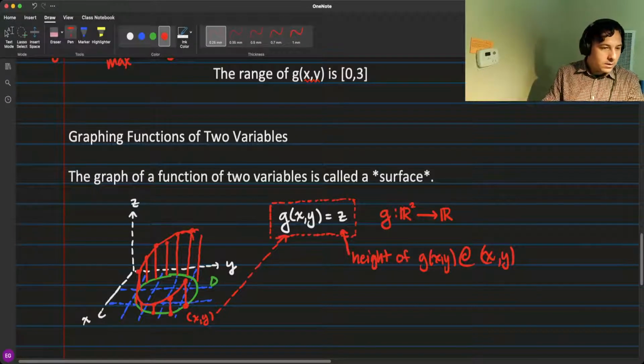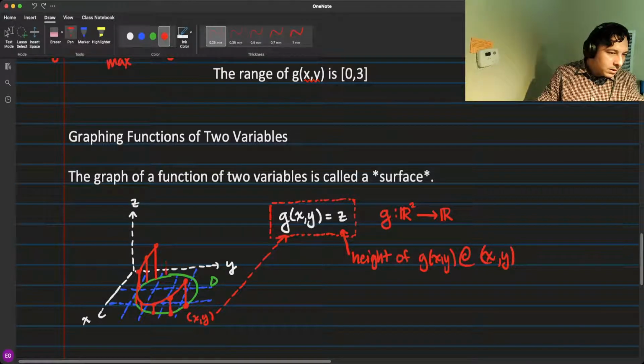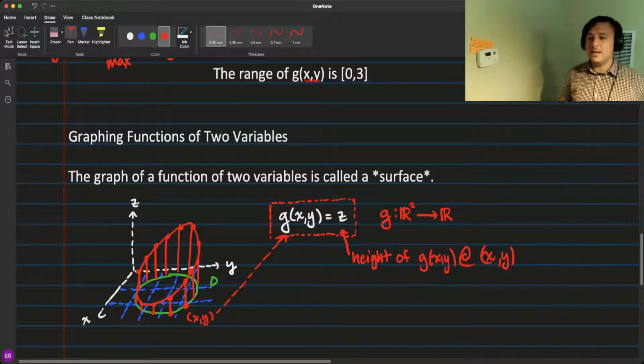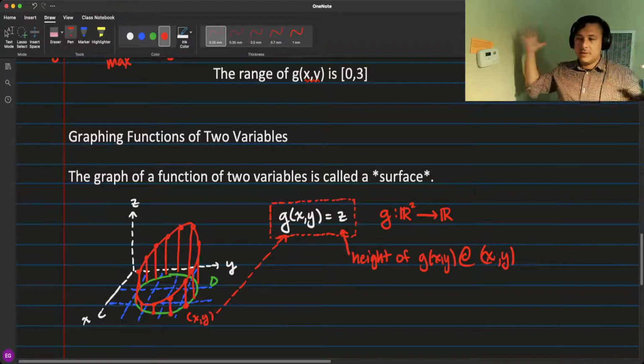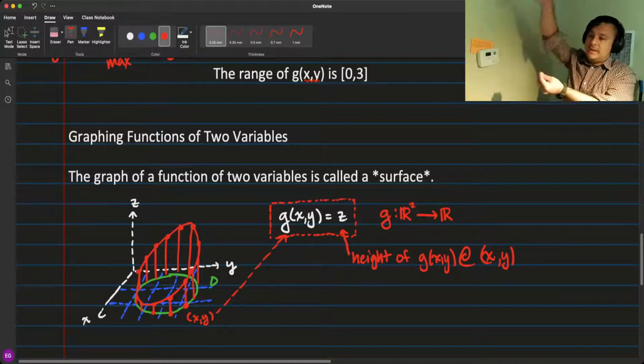I drew that really poorly. Okay, so what I've done here is I've taken a bunch of different points on that edge, I plugged them into my function, I'm just making this up, and each point gives me a different height.